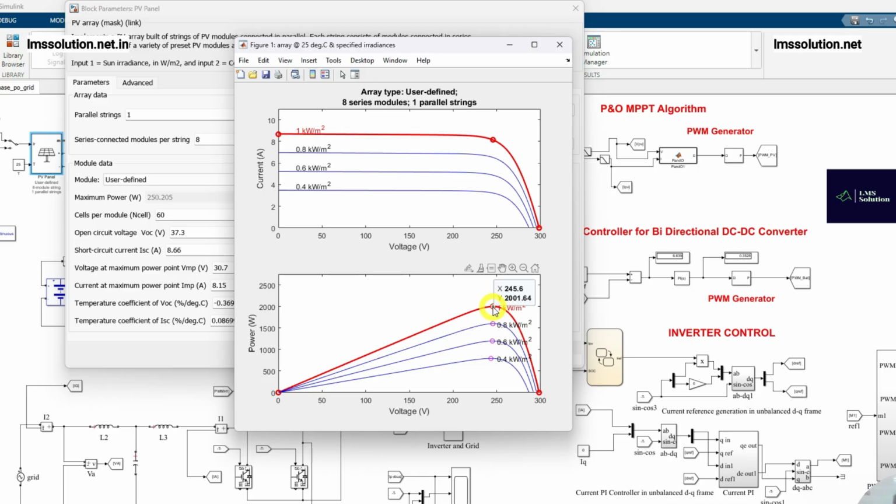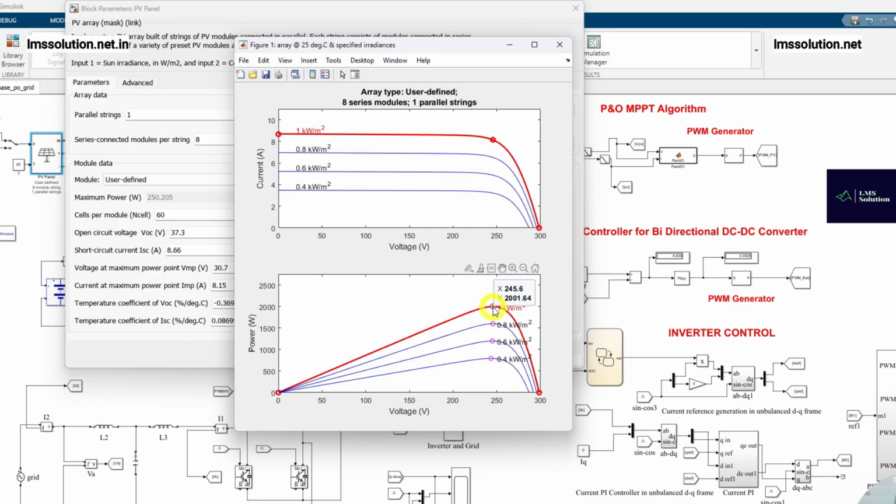For that we need some algorithm or control logic, which is nothing but the maximum power point tracking algorithm. In this grid connected solar PV battery system, the maximum power is going to be extracted by means of the P&O MPPT algorithm.